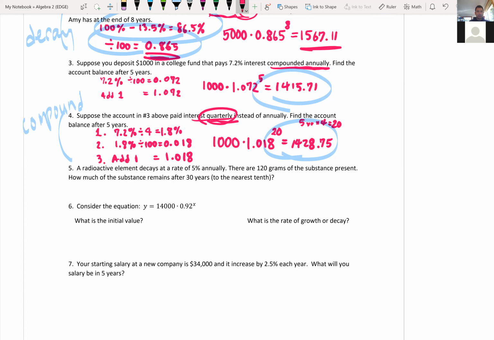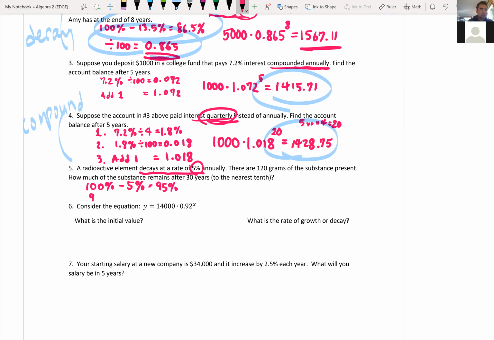Let's find out, okay? So it decays at the rate of 5%. So what do we need to do? First step, 100% minus 5%. You can do that in your head, but I'm just spelling it out for those who may not have that step yet. So that's 95%, and that is what we're going to use.